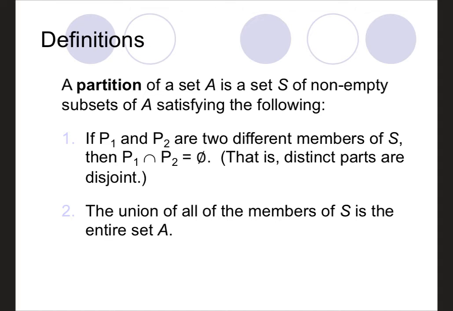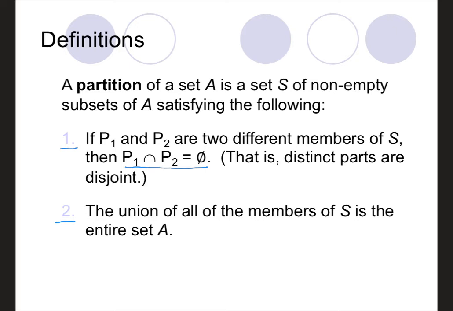And the last thing we want to look at is the partition of a set A. Instead of looking at all the subsets like we do with the power set, we want to look at just certain subsets that satisfy these 2 properties. So if we look at number 1, if we take any 2 of the subsets that we've chosen and you intersect those, we want that to be the empty set. That means they share no elements, right? There's no overlap in those 2 subsets.